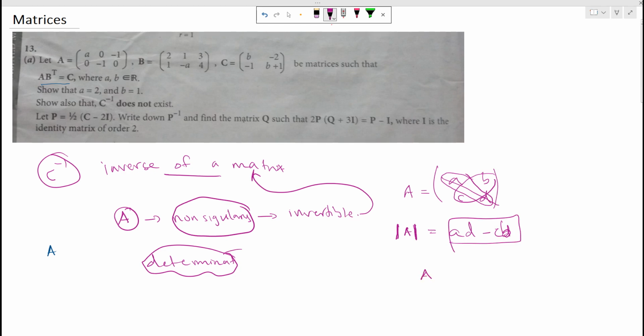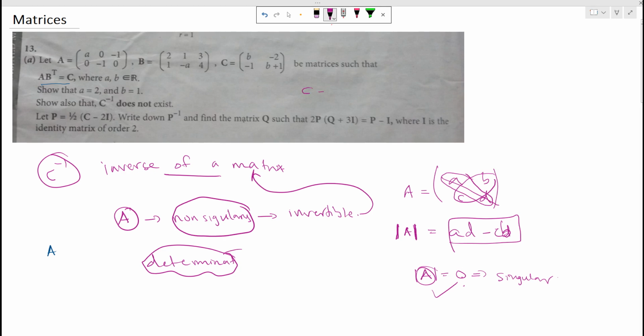Now if the determinant of A is equal to 0, then we can say the matrix A is singular. Singular in the sense that for this matrix we cannot define an inverse. Okay, so what you have to just do is C inverse. Now C is given and we have found out the values for b and a.